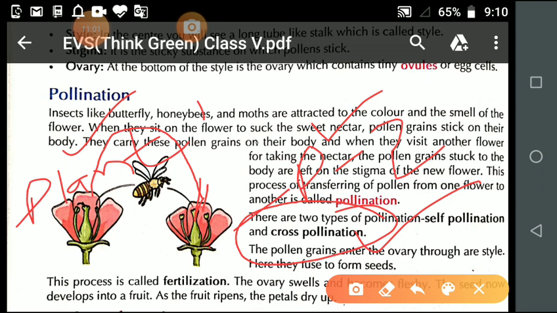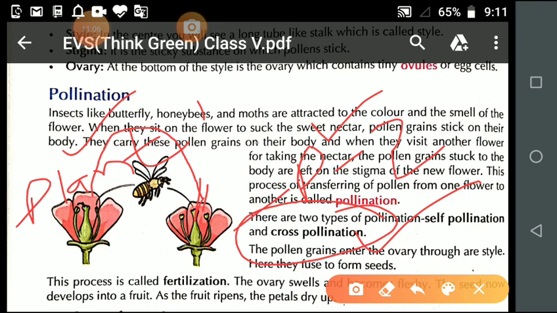It means that both the flowers are not on the same plant. So this is known as cross pollination.